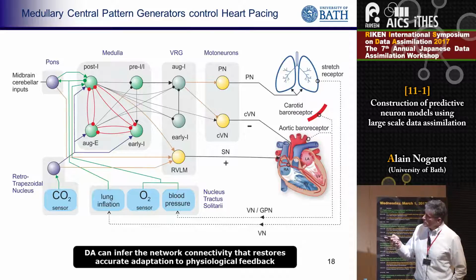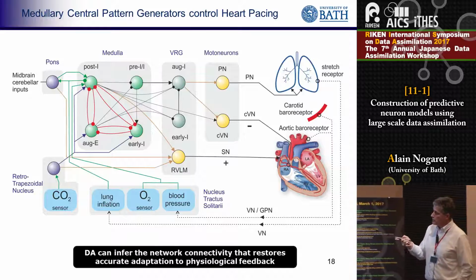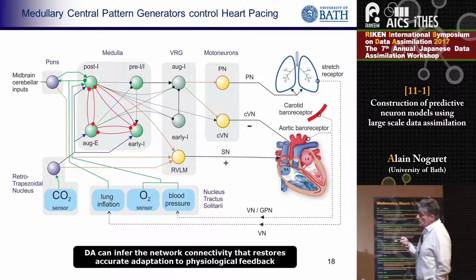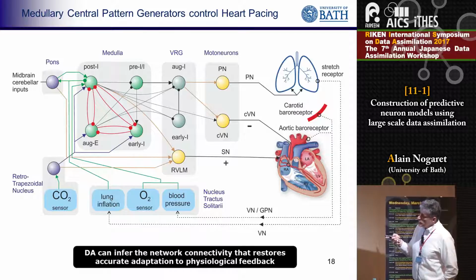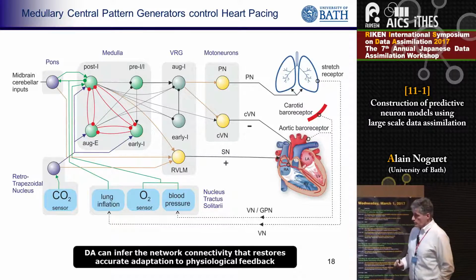Essentially, the activity of this network branches around here, and these slow down the heart rate through this pathway or accelerate the heart rate through this other pathway. This is the sympathetic system and the vagus nerve system. This network here is especially important in slowing down the heart rate at a specific point within the respiratory cycle.